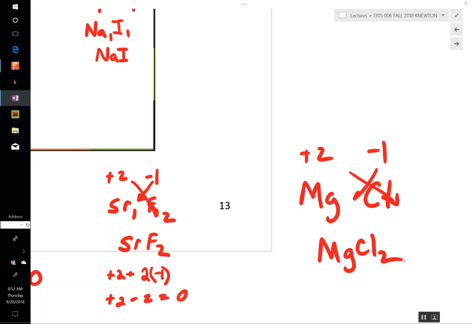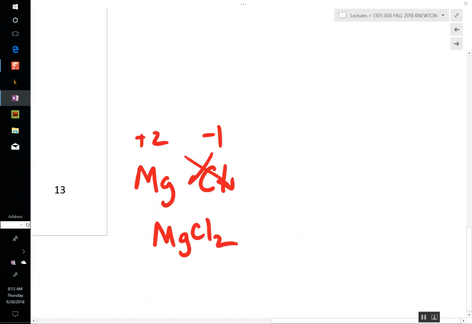Okay? What do you think barium bromide is going to be? Give me the formula for barium bromide. Look at strontium, barium, magnesium, they're all plus 2. Bromine, minus 1. So barium bromide is going to be what? BaBr2.